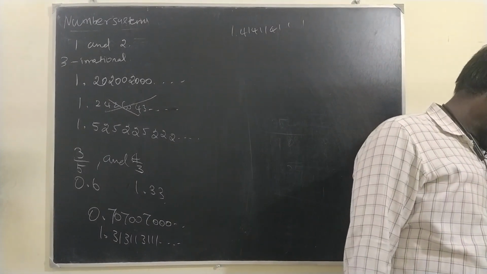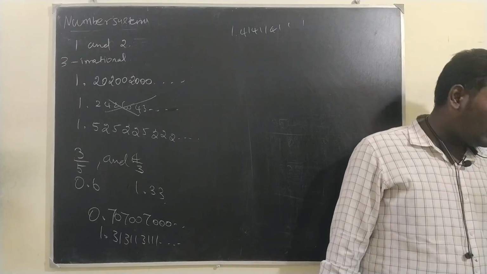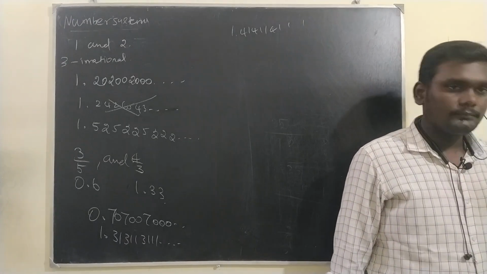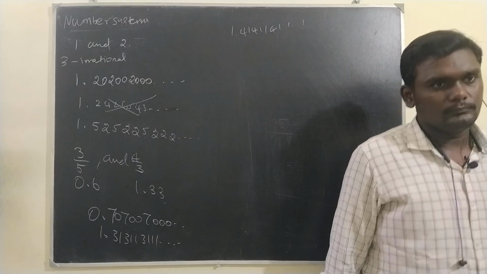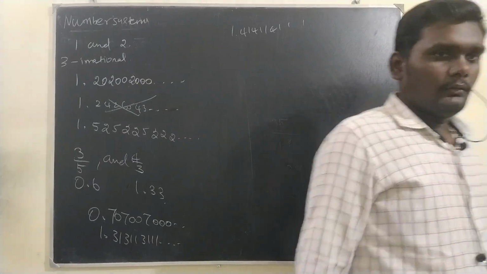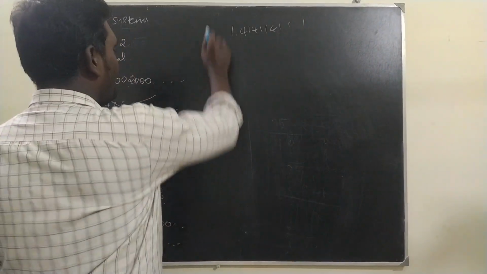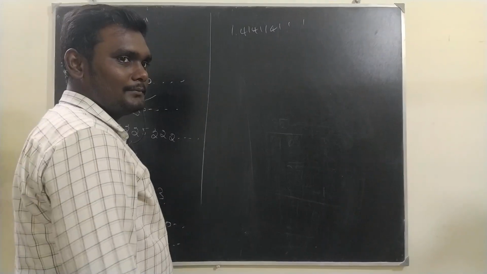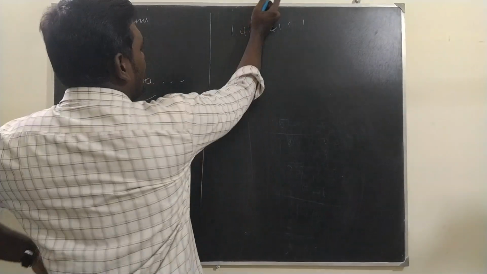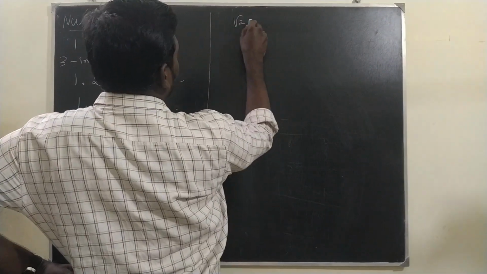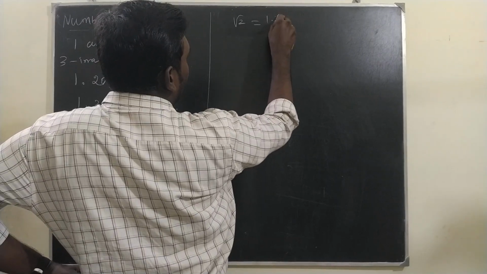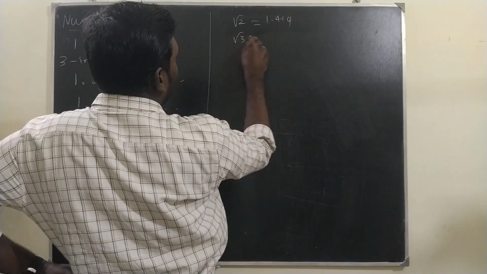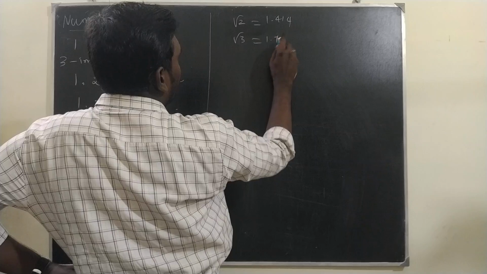And suppose they gave root 2 and root 3. We should find the values. Root 2 value is 1.414, root 3 value is 1.732.